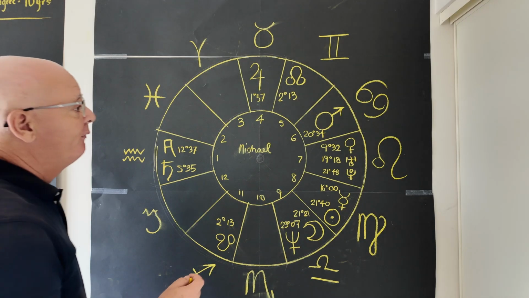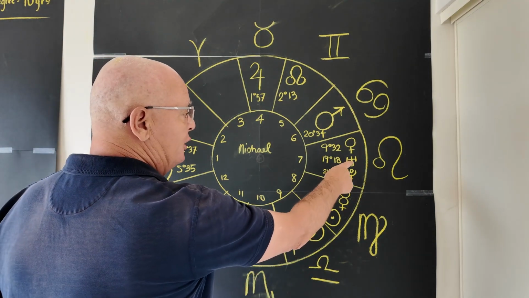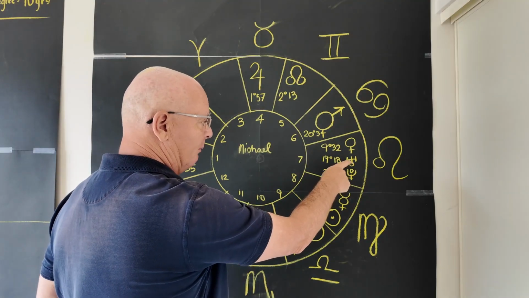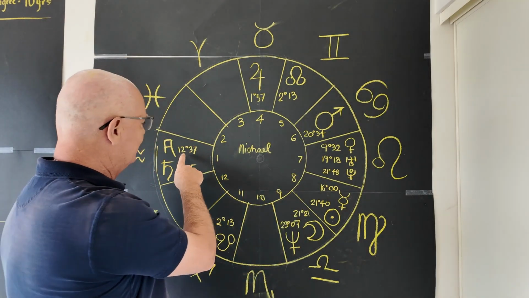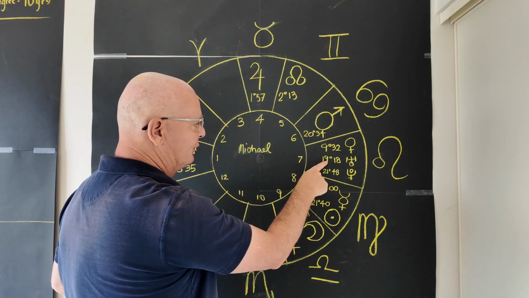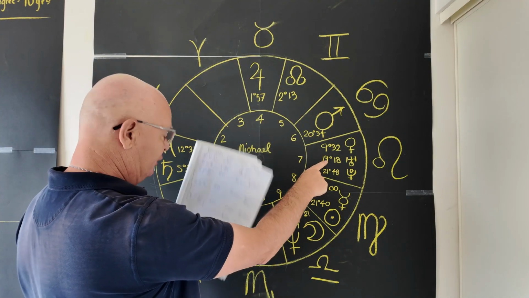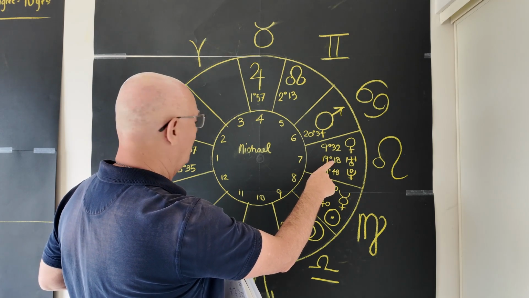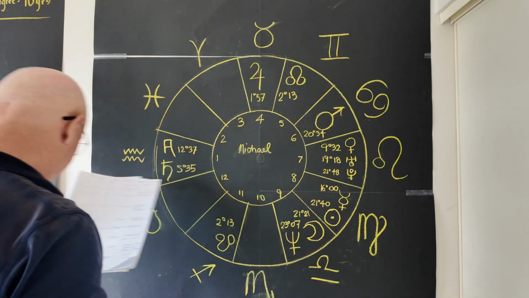Then we have the proximity of Uranus to the MEP of the 7th house. The MEP is 12 degrees 37, and so here we have a difference of 6 degrees 41 minutes.